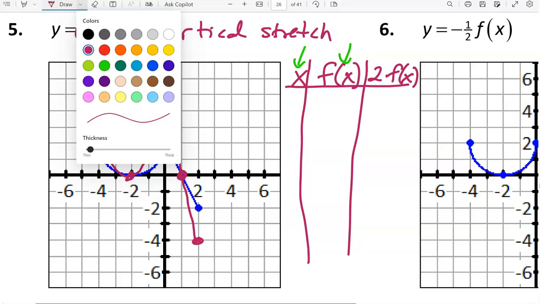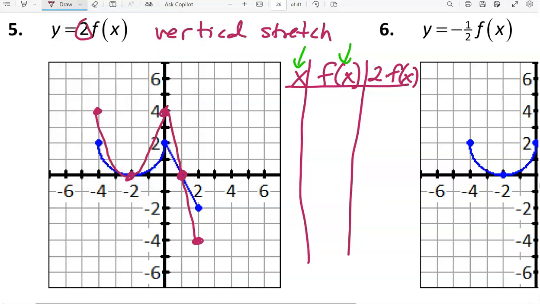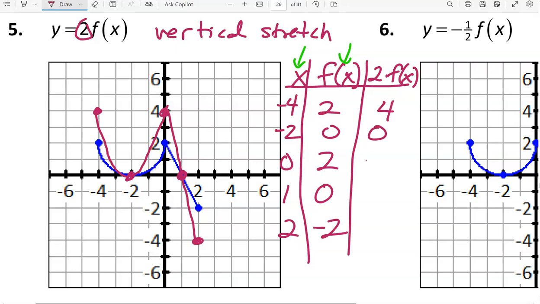This is where our original ordered pairs go, -4, 2, -2, 0, 0, 2, 1, 0, and 2, -2. To find 2 times f of x, simply take the f of x values and multiply them by 2. And the first column and the last column give us our x's and our y's.